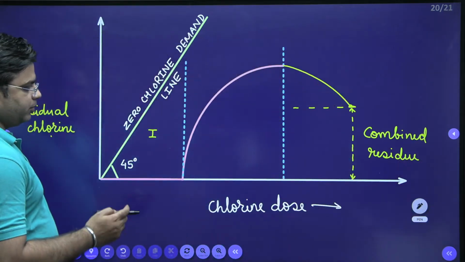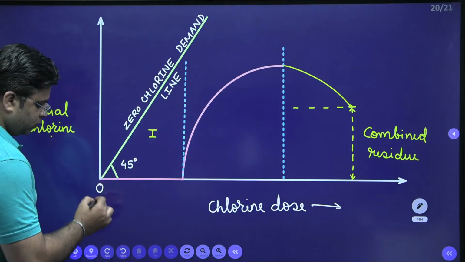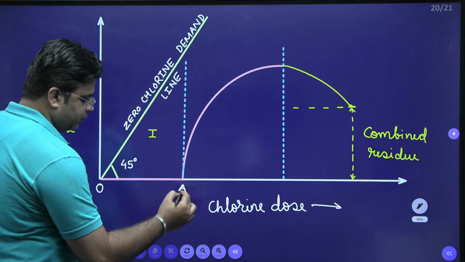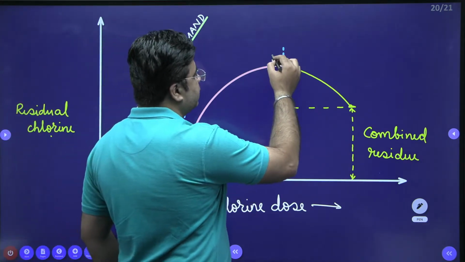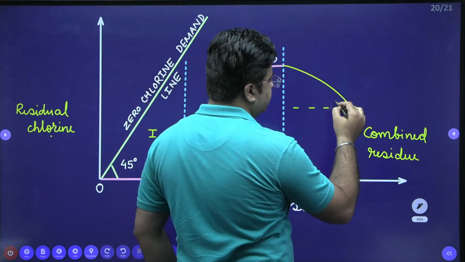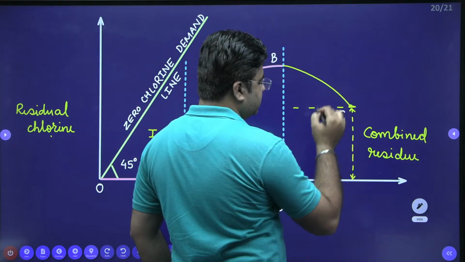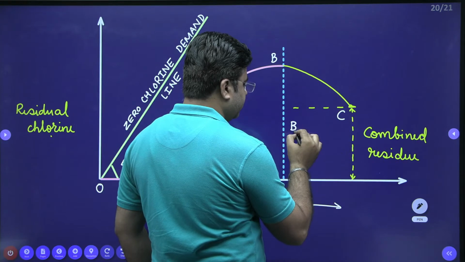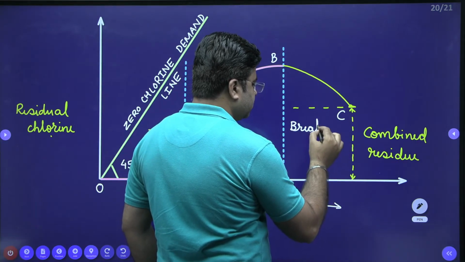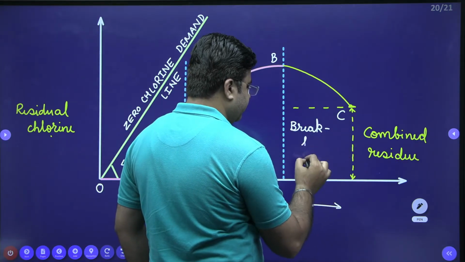So, I will start from here. This is O, this is A, this is B, this is C, and C is known as the break point.